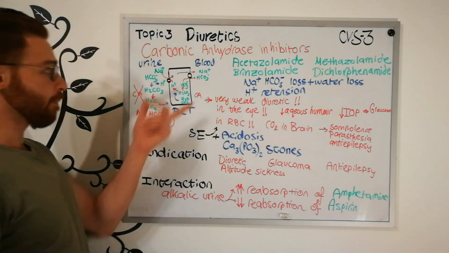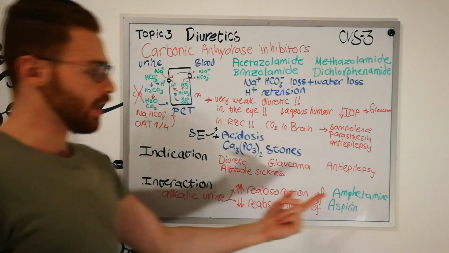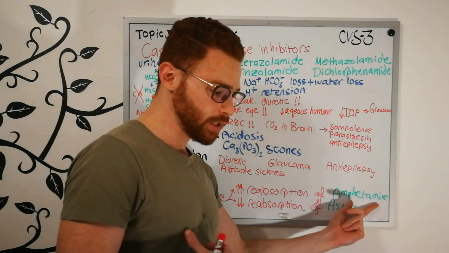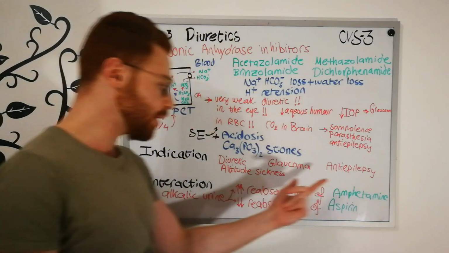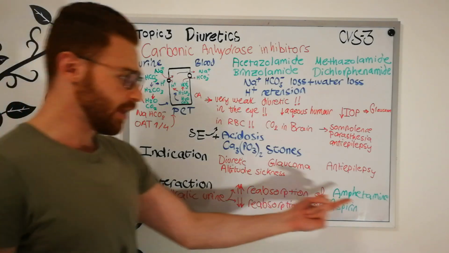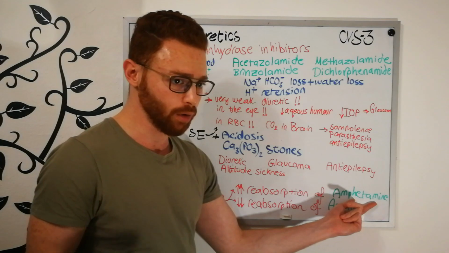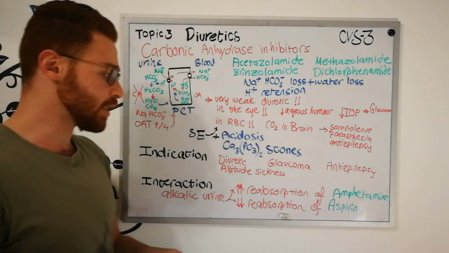And that's why the carbonic anhydrase inhibitors have an interaction with amphetamine, which is a basic drug. Because whenever the body is trying to eliminate the amphetamine by the kidney, it is going to be reabsorbed again. Because the urine is alkaline and the amphetamine is basic. There is no ionization of the amphetamine going on, and the continuous reabsorption is happening, and the elimination is going to be prolonged.